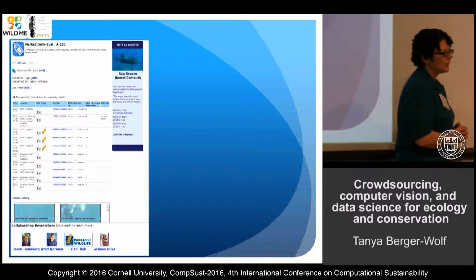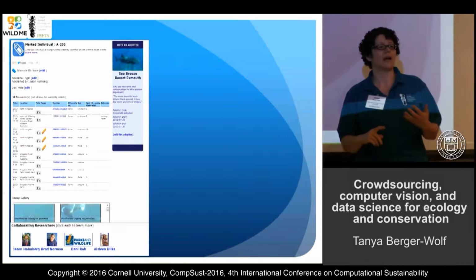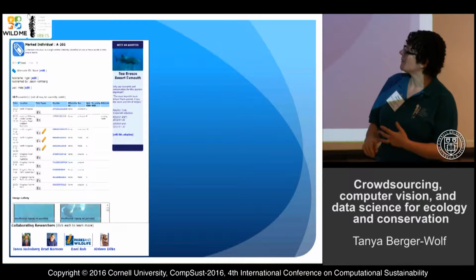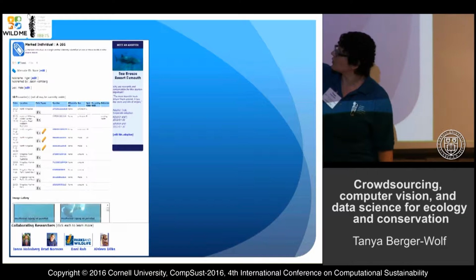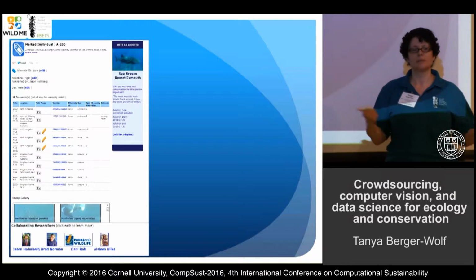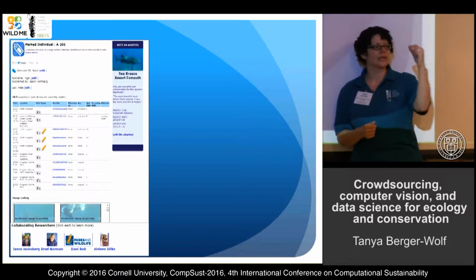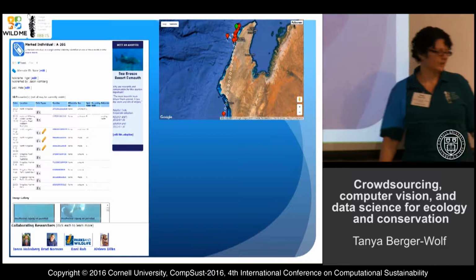You can also link it with external information such as genetics if you have it, or the weather information around all the sightings. And you can see who it was sighted with. So for zebras, for example, you can start extracting social interactions. You can start following an animal over time, over locations.